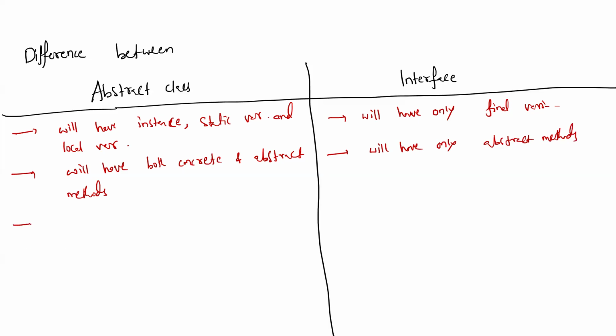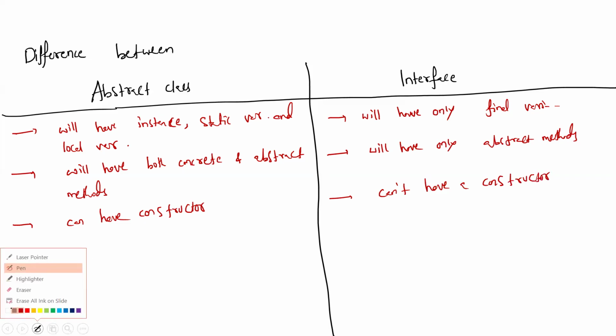Next, an abstract class can have a constructor. The interface can't have a constructor. Of course, we can't create an object for both of them, but that is a similarity, not a difference.